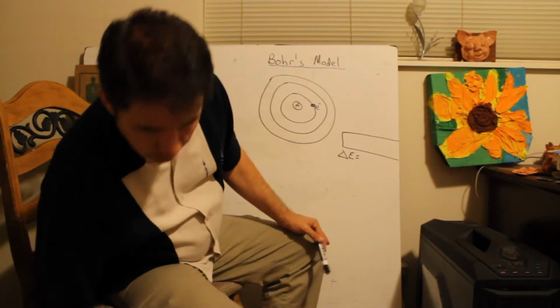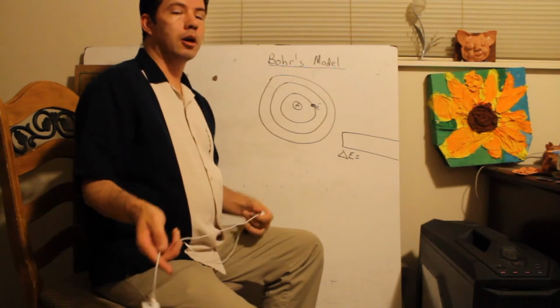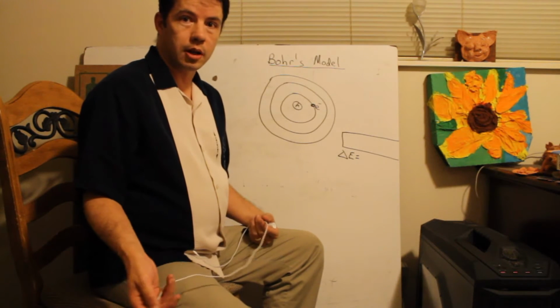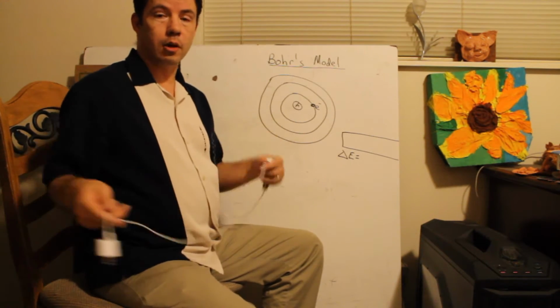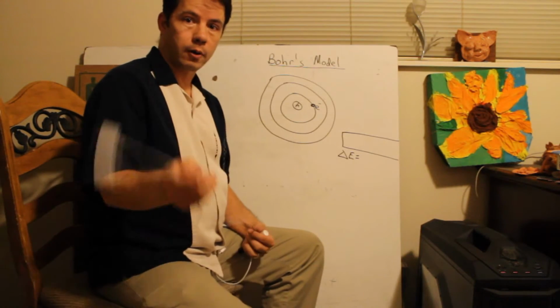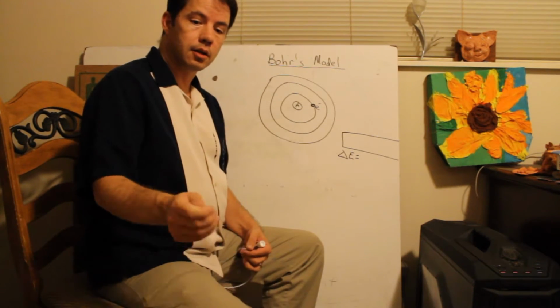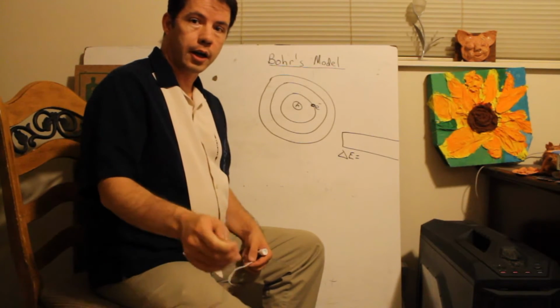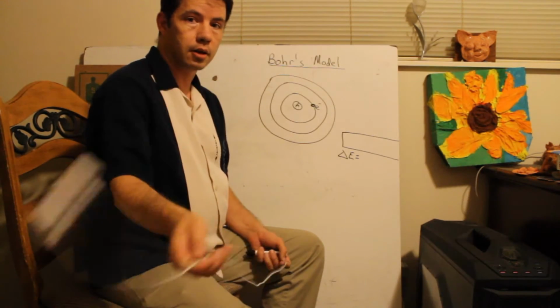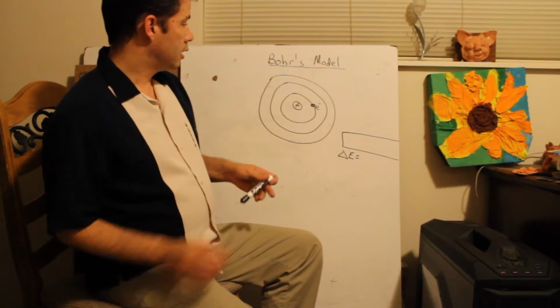Another way to think of it is if you've ever ridden a merry-go-round, as you're spinning, what happens? The faster you go, the more to the outside of the merry-go-round you're pushed, right? If I take this and spin it, the faster it goes, the further out the end goes. So here's what happens.